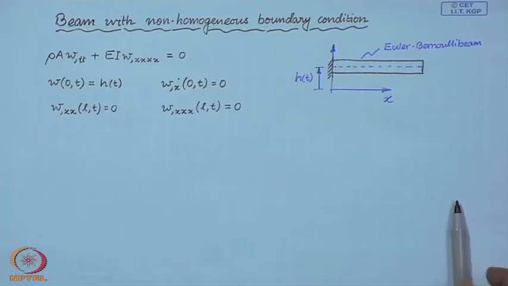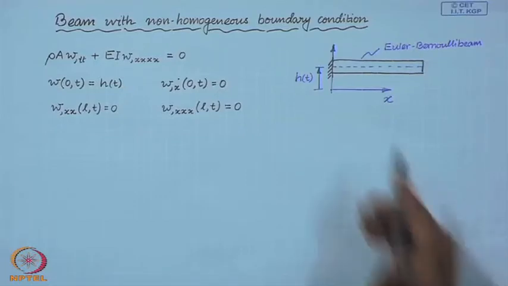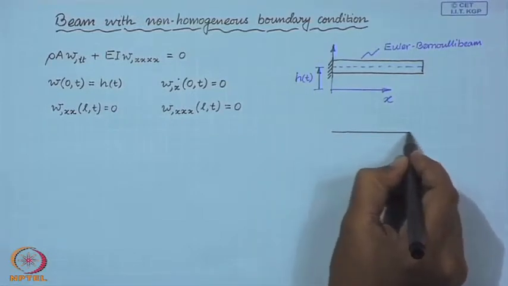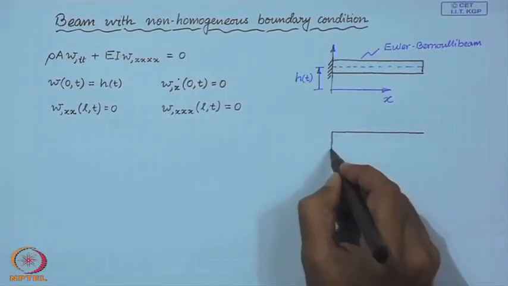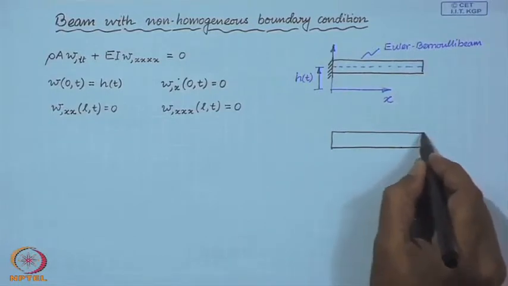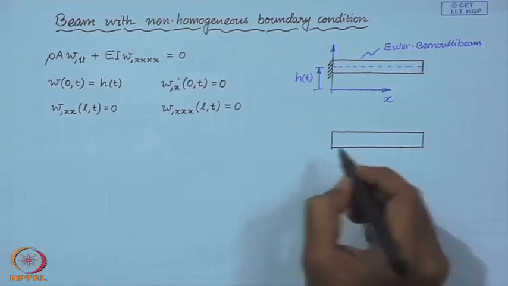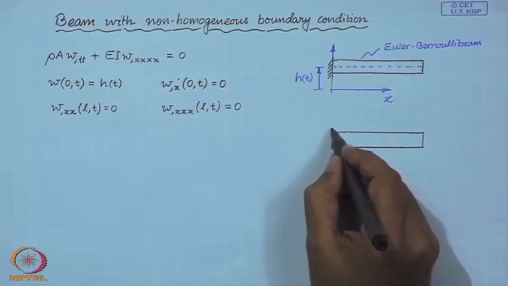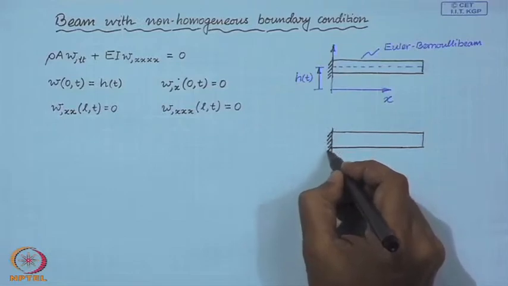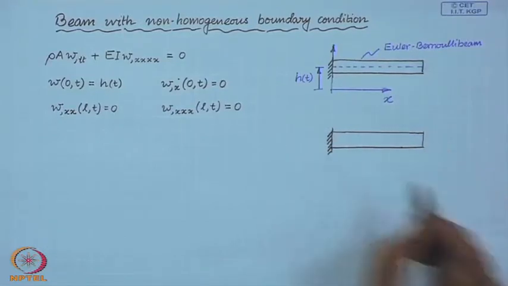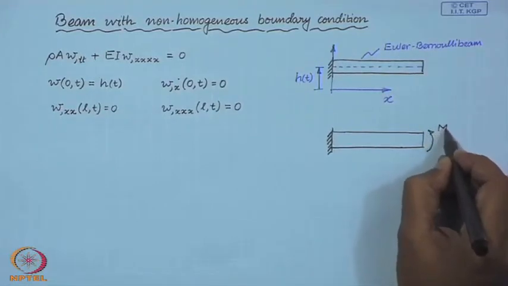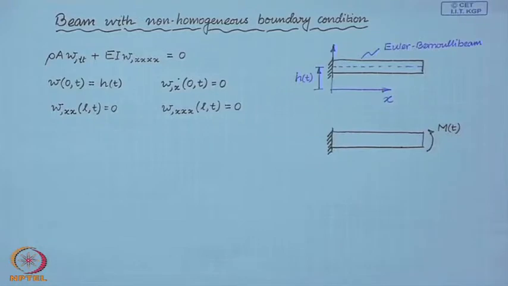You can have other kinds. For example, you can have a cantilever beam once again, but let us say with a time varying moment at the free end.